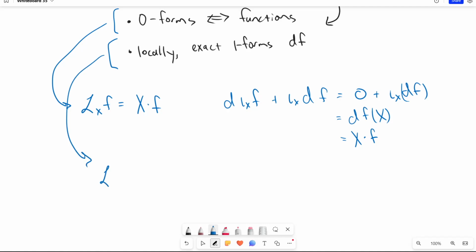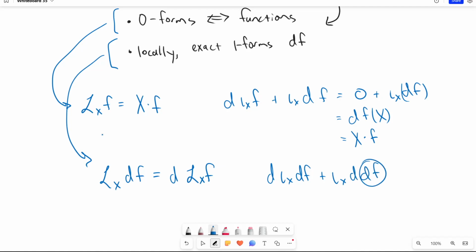Then let's talk about exact one forms. The Lie derivative of df: the exterior derivative commutes with the Lie derivative, as we talked about before. So this is d of L_X of f. On the other hand, we have d of i_X of df plus i_X of d df. Well, df is exact, you take the differential, d squared is 0, so this right-hand term goes away, and we just get d of i_X of df.